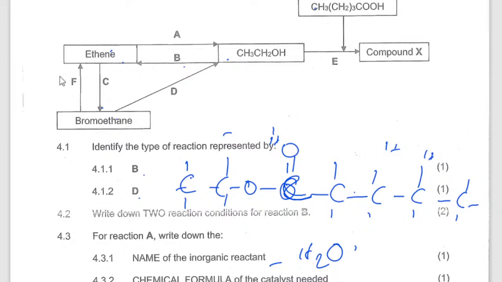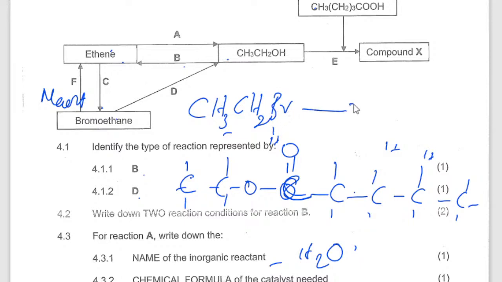From here to here, meaning that's just a reverse. So in this case, you just add sodium hydroxide, and then the bromine is gonna be removed as sodium bromide, and then water from here, and 2 hydrogens are being lost. This is what I'm saying. Bromoethane, then add the sodium hydroxide.